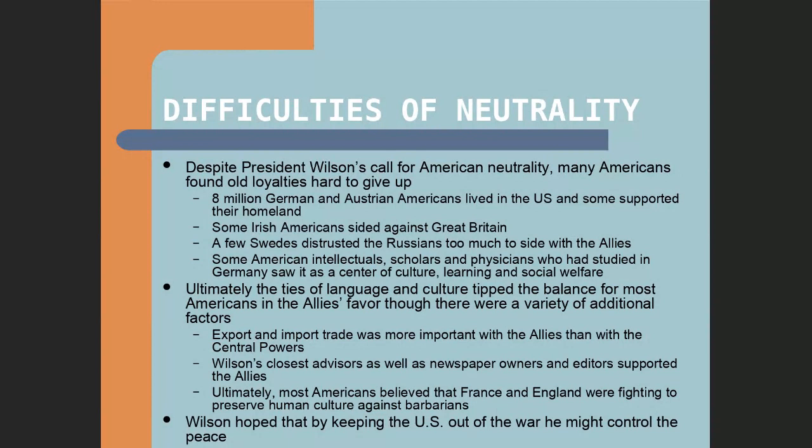So basically, the two largest immigrant groups are the Irish and the Italians, and they tend to support the Germans and Austrians. And then you've got the Italians, as recent immigrants, tended to support the Allies. And then the people who've been here since before those waves of immigration, and their families that came over, tend to support the Allied side. So you've got some sharp divisions.